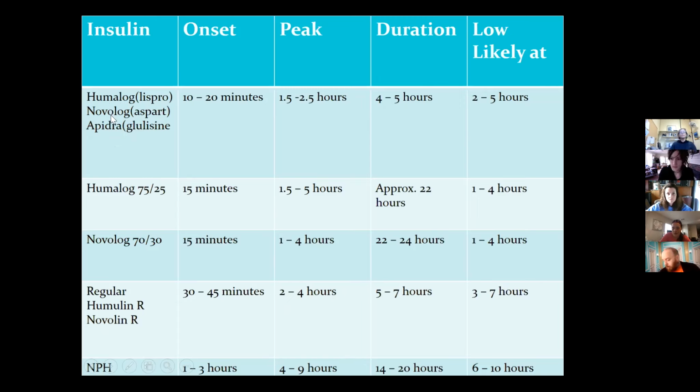We use primarily in the US Humalog and Novolog. The regular insulin is certainly still used, but it is not as rapid acting. It's considered to be short acting. And then NPH is the intermediate.